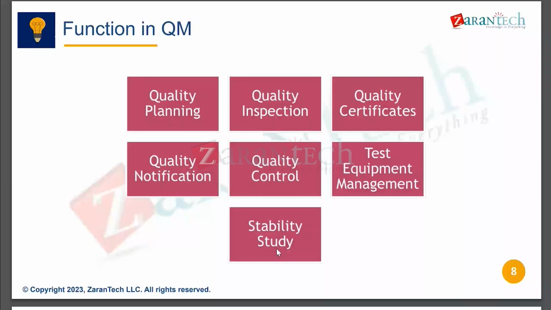This is what we have delivered to you, and this is our standard. That kind of information will be printed on the certificate, and the customer will accept based on the certificate. Without a certificate, some customers will not accept a product. So those kinds of certificates will be created during the quality certification phase.